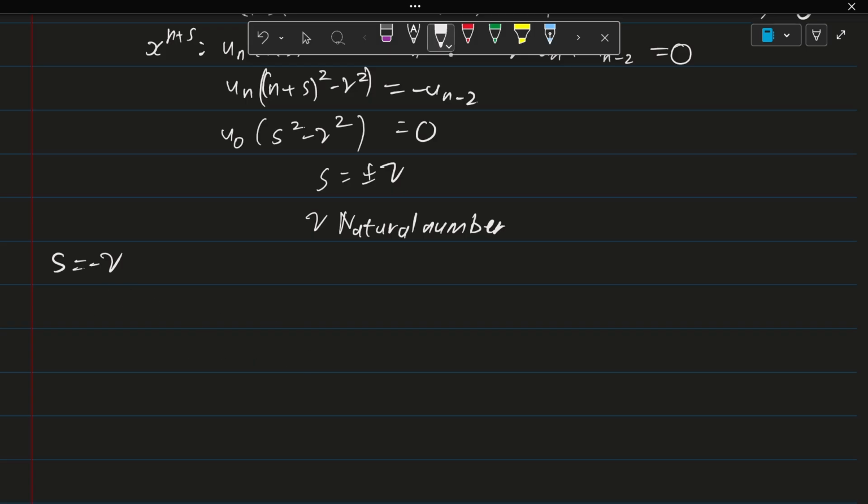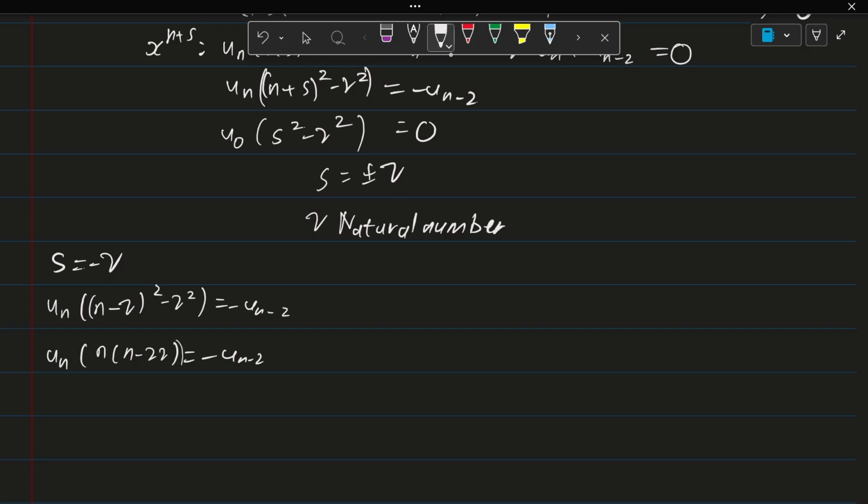So now if you consider when s equals negative nu, what you would later observe is that the entire equation becomes (n minus nu) squared minus nu squared, equals negative u_(n minus 2), right? So this would become u_n times n times (n minus 2 nu) equals negative u_(n minus 2). Now this is what literally makes it weird.